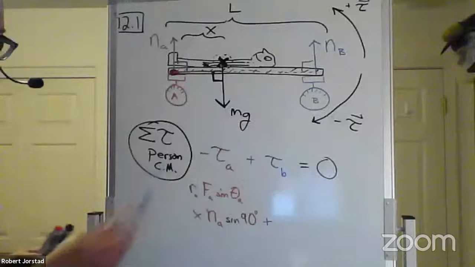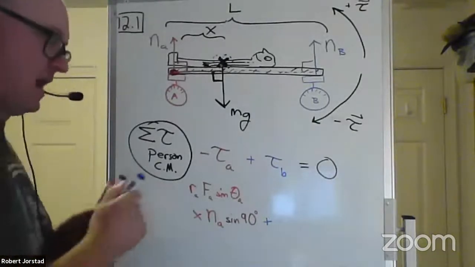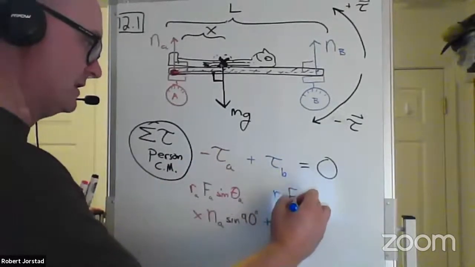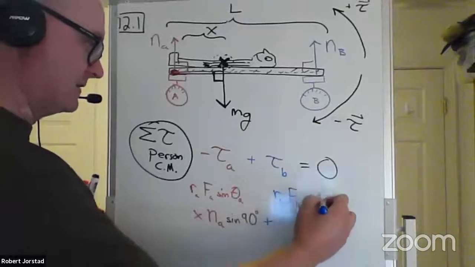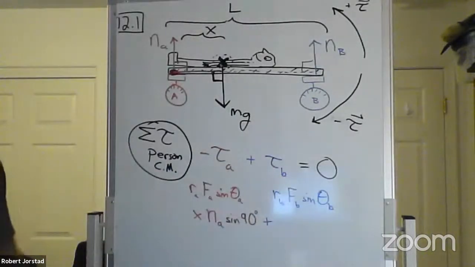So what would torque B be, Gonzalo? This is a harder one. What's the distance you need to plug in? I'm assuming you want to do radius B, force B, and sine of theta for B. What's the radius vector we would use? Or not the vector, but what's the distance?